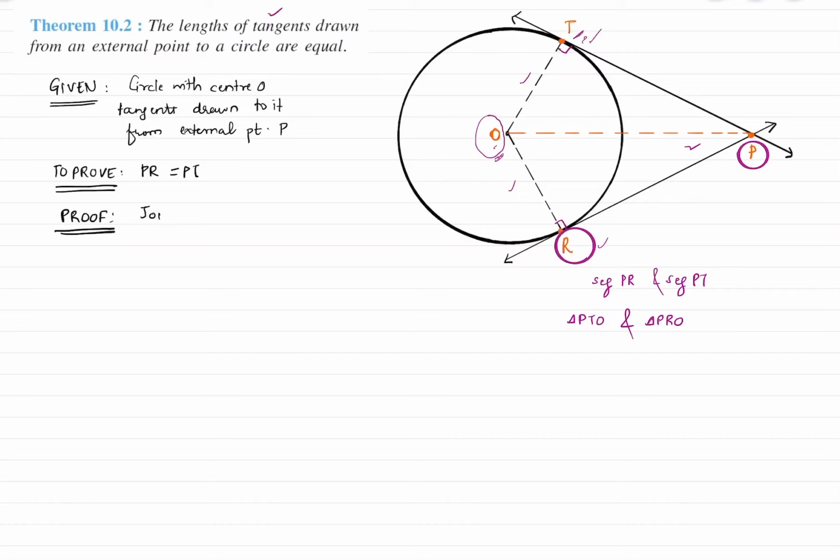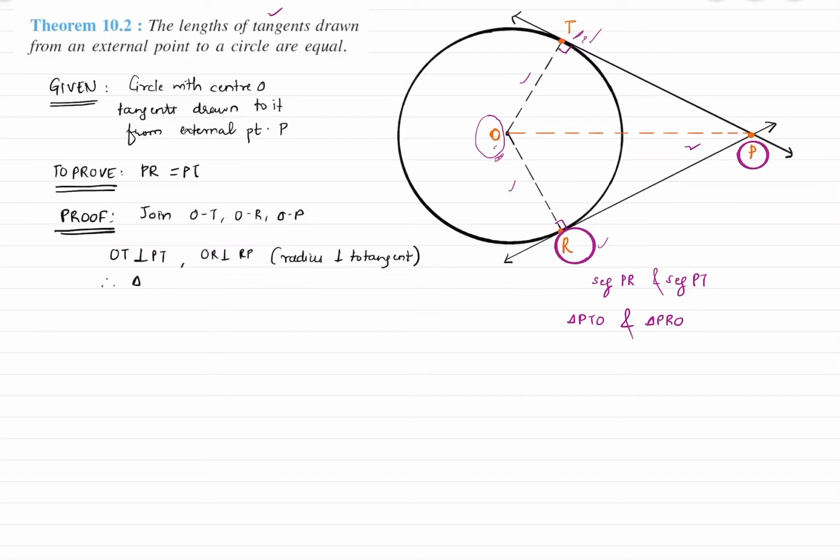So firstly, begin by joining OT, OR and OP. OT is perpendicular to PT and OR is perpendicular to RP by radius perpendicular to tangent, or you can also write theorem 10.1.